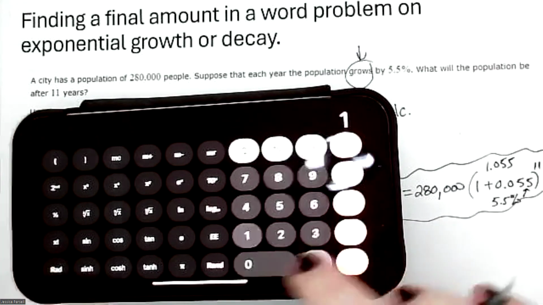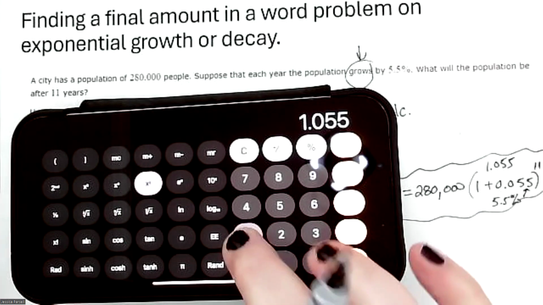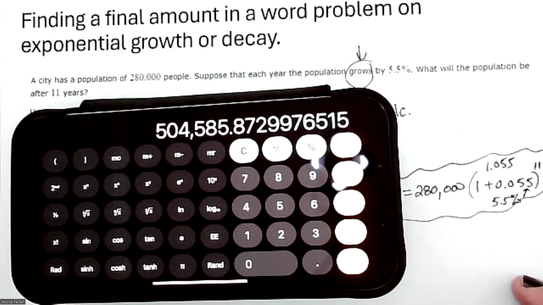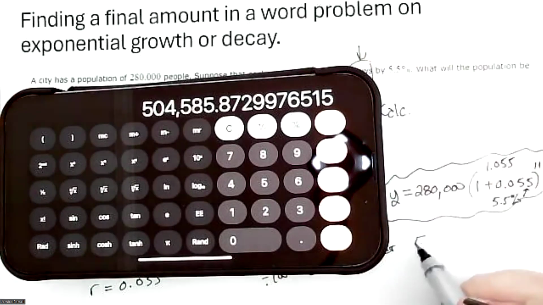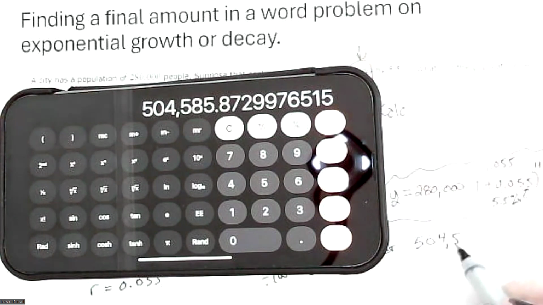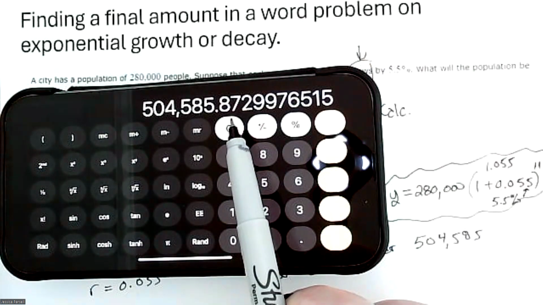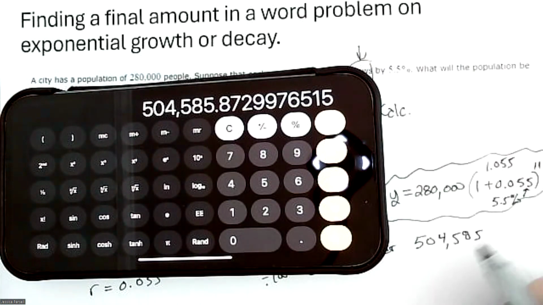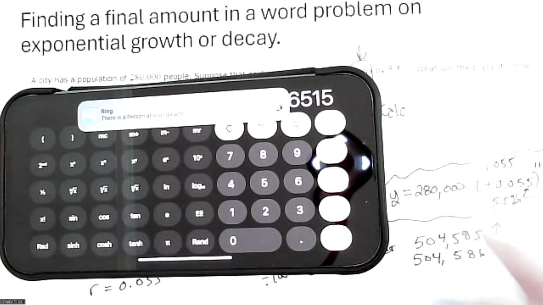So I'm going to type in 1.055, hit that X to the Y button saying I want to go up to the 11 years, and hit enter. That's a lot of people. I think they asked us to round to the nearest person, which would make sense. So we have 504,585.87, which is going to round up to 504,586 people.